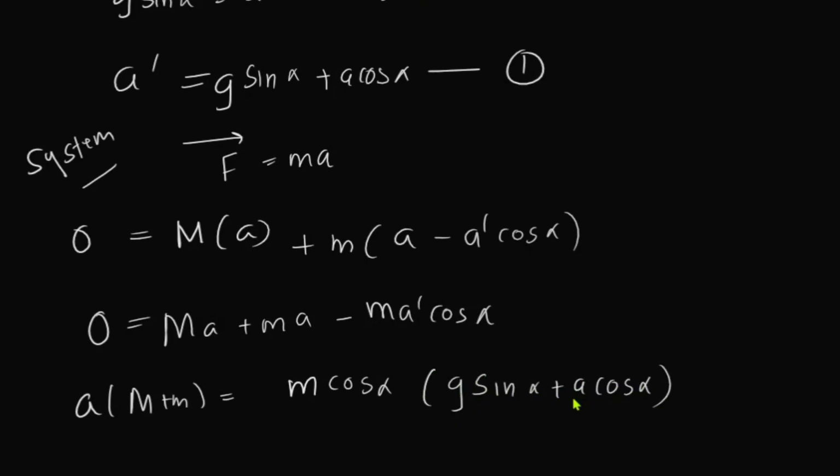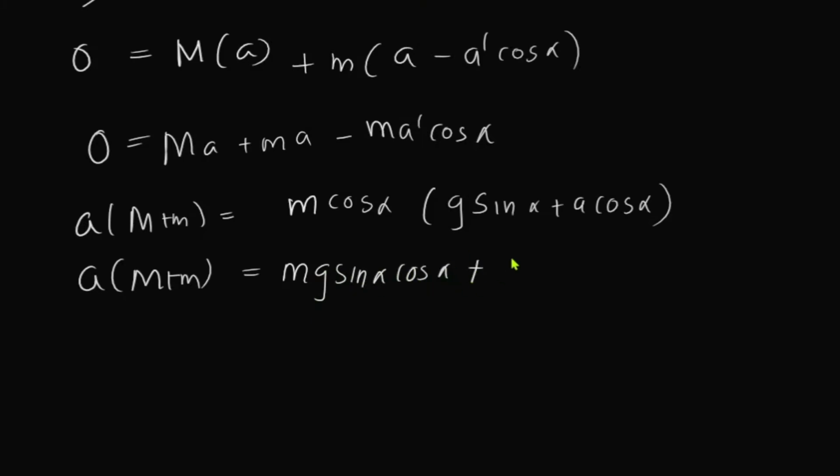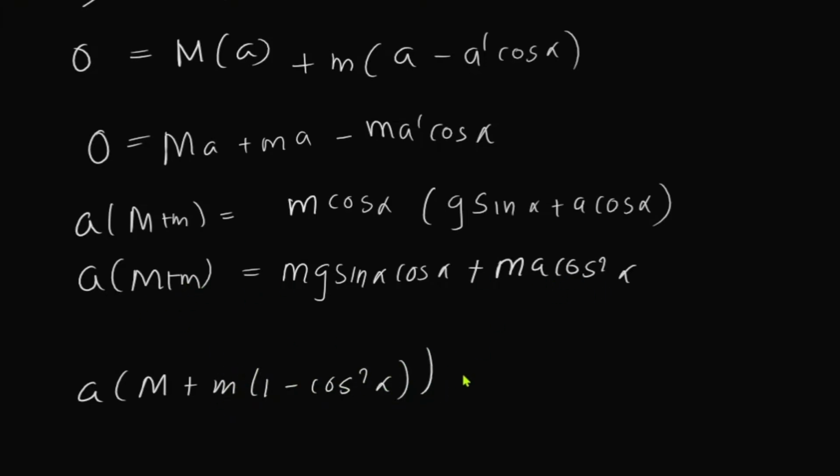All right. So further I will simplify this. A into capital M plus simple m equals mg sine alpha cos alpha plus ma cos squared alpha. Take it to this side. A, if you take it inside, m times 1 minus cos squared alpha, when you take m out, is equal to mg sine alpha cos alpha, right?